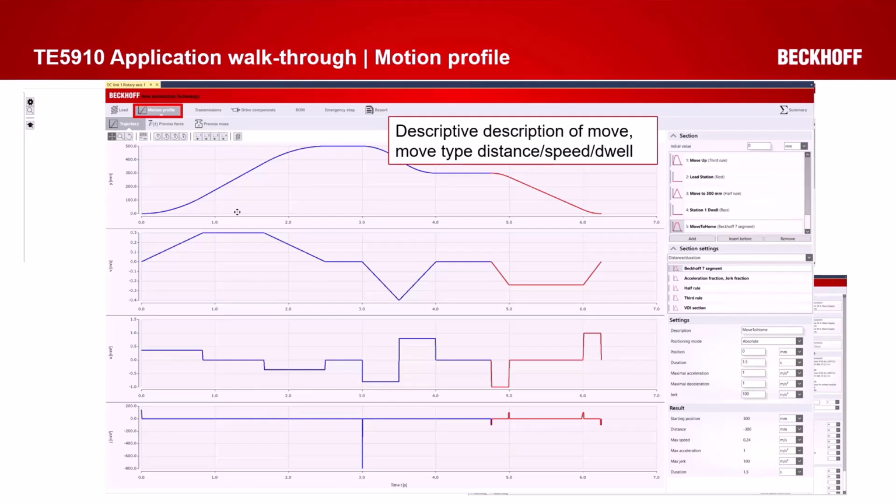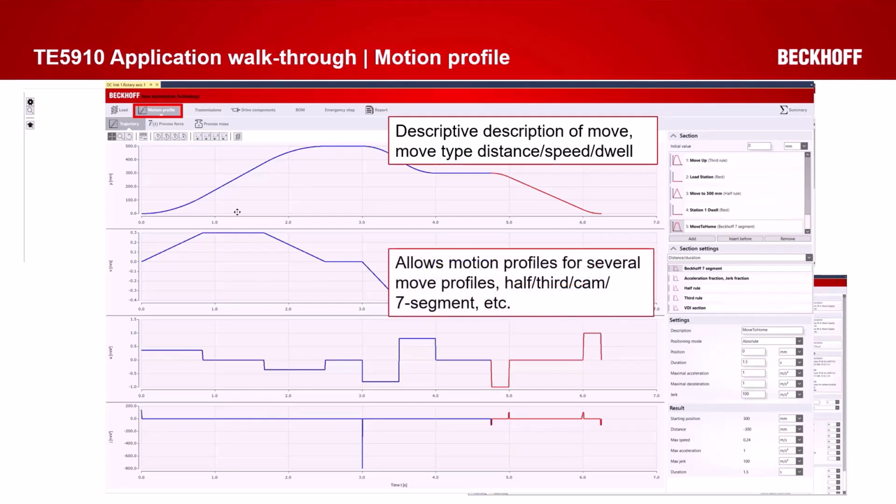So you can do a distance, or maybe move at speed, or maybe you need to dwell at some of the areas. And for the type of move or the move profile you are trying to accomplish, you can use the traditional half or third, but you can also add a cam profile into this. And there is the jerk limiting motion controls, and you can import a CSV file if that's needed as well.